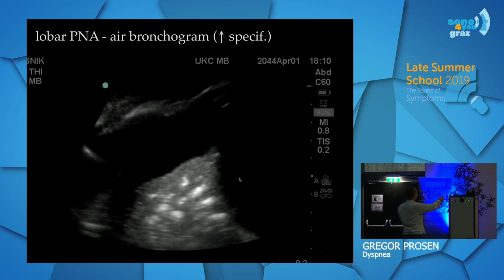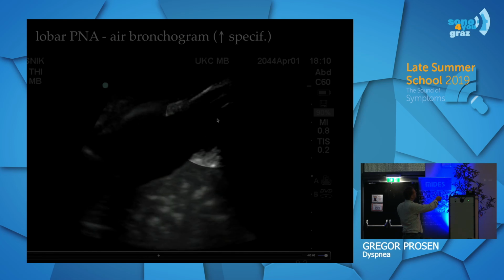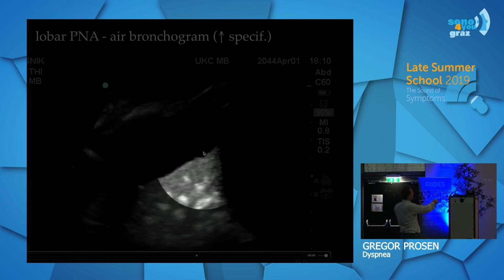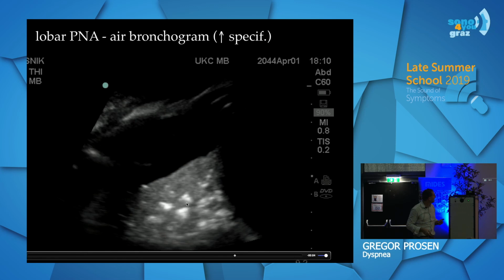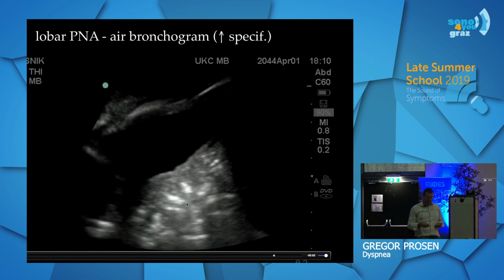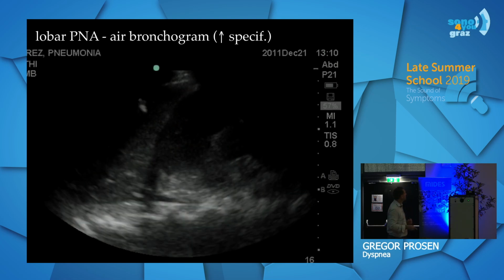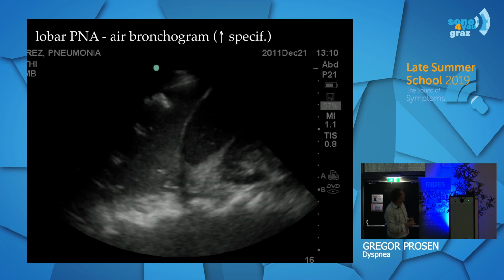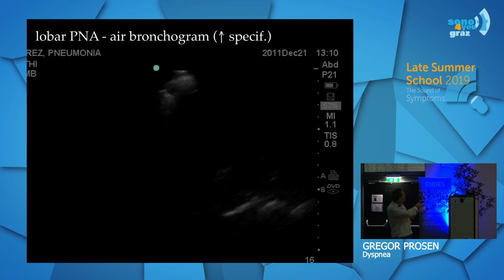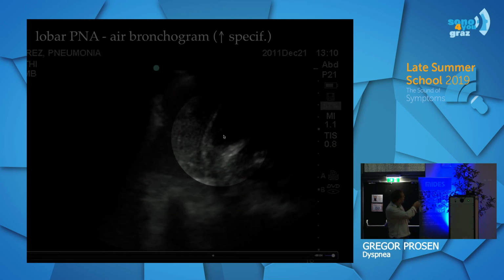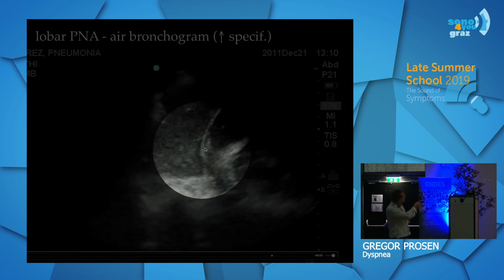Okay, huge fluidothorax. You see all this black here, and inside is the lobe with some air bronchogram, pneumonia, or even perhaps beginning of atelectasis to start with. Look at that trick. What is this structure here?